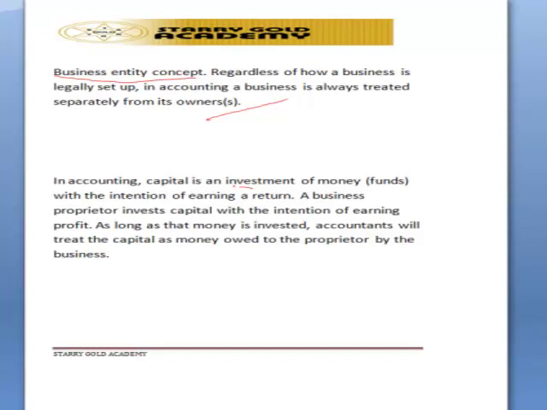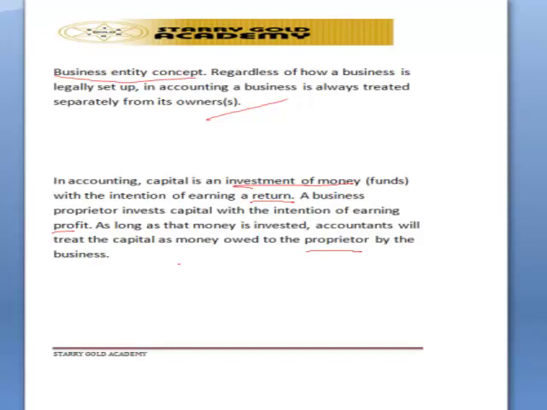Now, in accounting, capital is an investment. Capital is an investment of money that is made with the intention of earning a return. So a business proprietor invests capital with the intention of earning profit. As long as the money is invested, accountants treat the capital as money owed to the proprietor by the business.